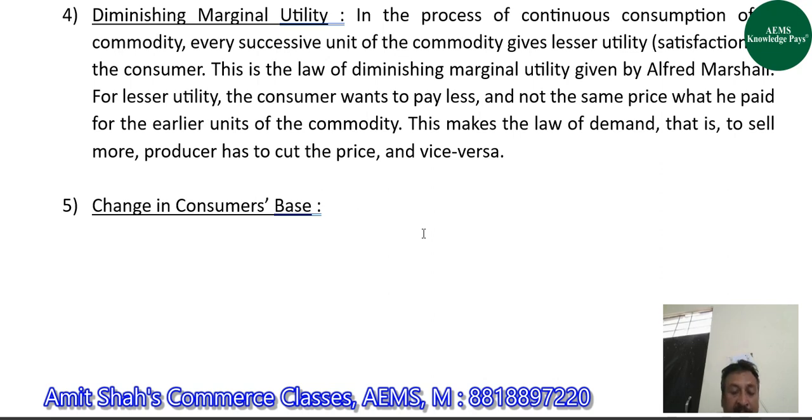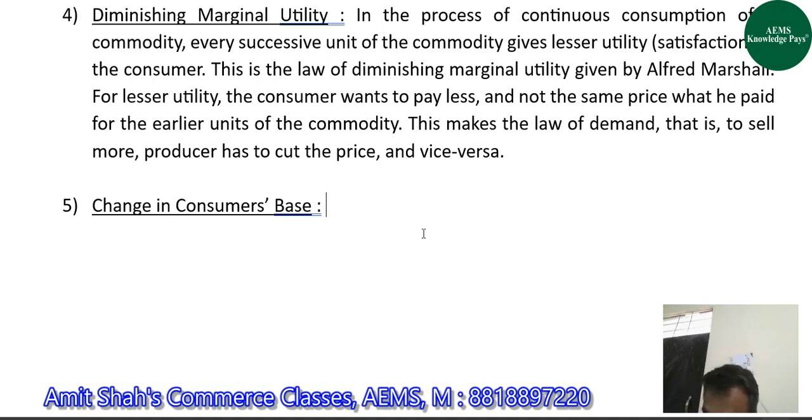That is, now the hotel would be able to sell more than 80 cups every morning. Why? Because for many new consumers, having that cup of tea in Radisson Blue is now affordable. Have you got me, guys? Understood this? And that is what is change in consumer base. Mansha, Mahi, and Anish, understood this or not?